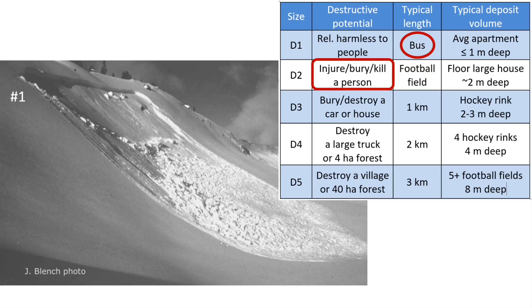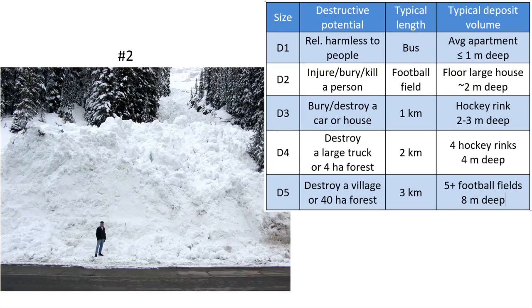In terms of deposit volume, this avalanche could fill an apartment about a meter deep, but is not close to being able to fill the ground floor of a large house 2 meters deep. Since we're confident in the destructive potential, this avalanche is a D2, according to the interpretation guidelines in the how-to video. This is an avalanche on Mount Hector that deposited onto the Icefields Parkway in Banff National Park. Press pause now.